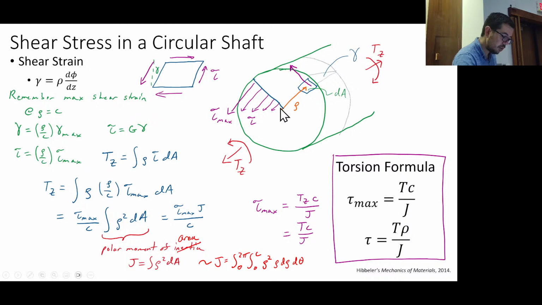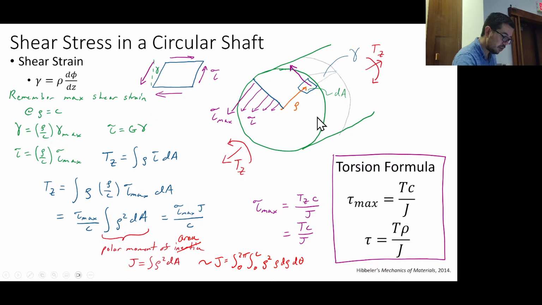So imagine now you've got this face, and there's a bunch of shear stresses that are building up as you get farther from the center line. Now, if I want the total torque, that's the twisting moment that I'm applying to this. Well, look at this.